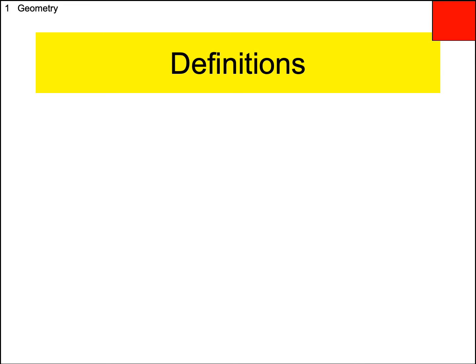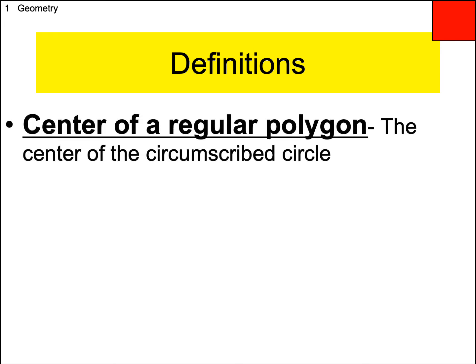All right, so here come some weird definitions. You're going to need to write these down, pause the video, that sort of thing. Definitions are going to be important because we're going to use this terminology. The first one is called the center of a regular polygon. The basic definition is the center of a regular polygon is the center of the circumscribed circle about that polygon.